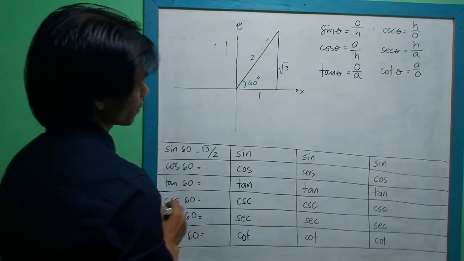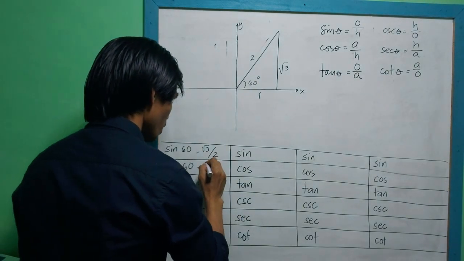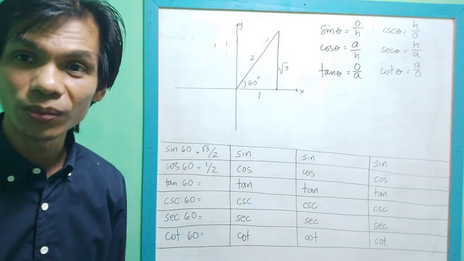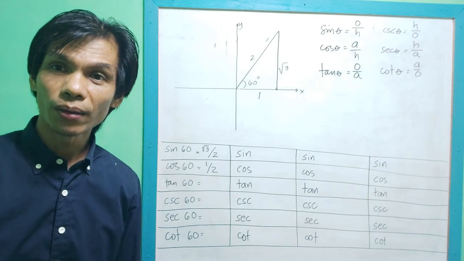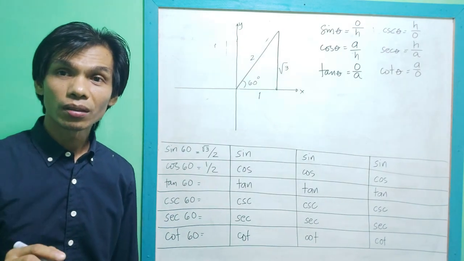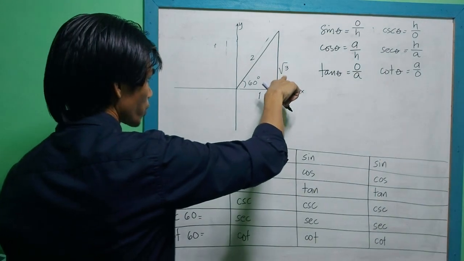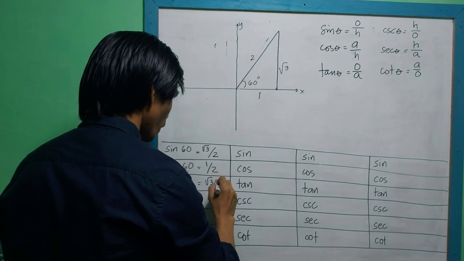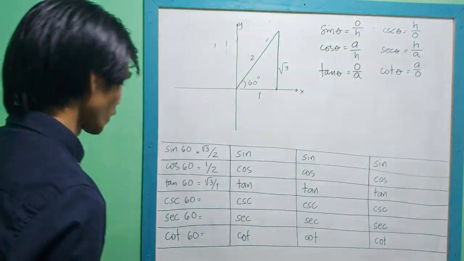So, ang cosine of 60, adjacent over hypotenuse, and that is 1 over 2. Kahit i-calculator mo yan, ang cosine of 60 is 1/2 or 0.5. Now, tangent. That is opposite over adjacent. That is square root of 3 over 1. Or simply, square root of 3.